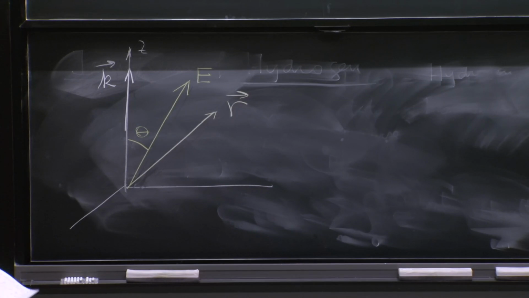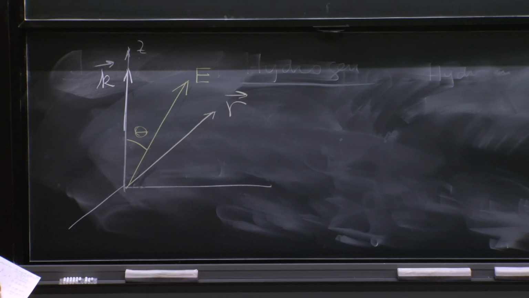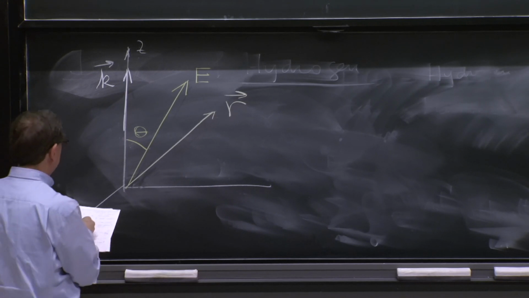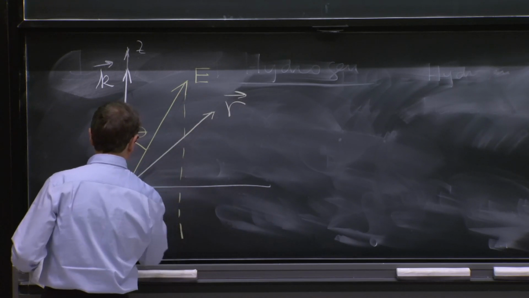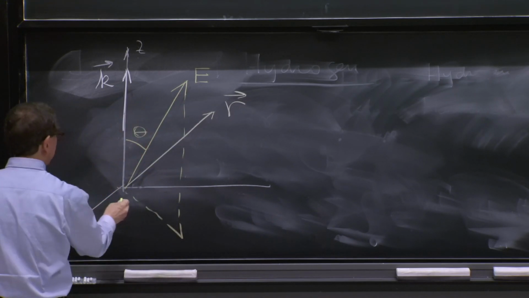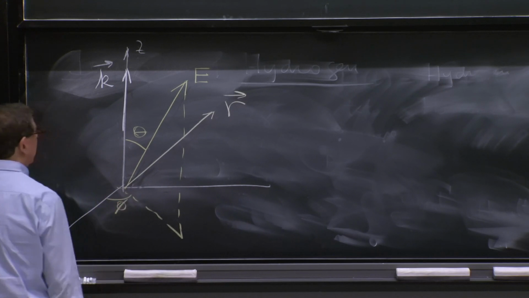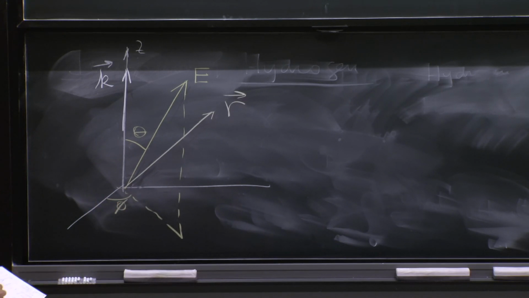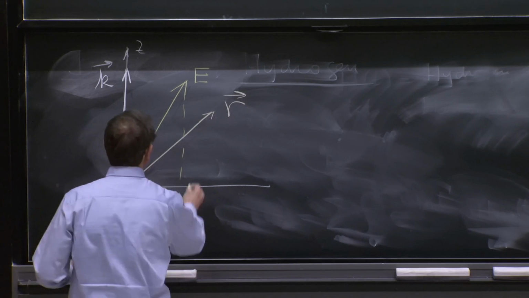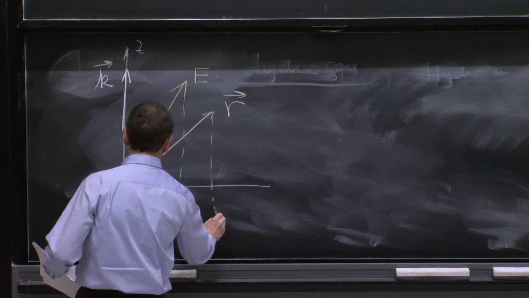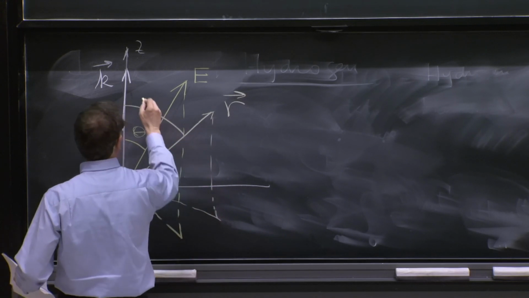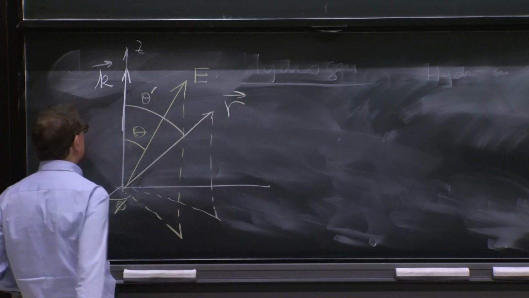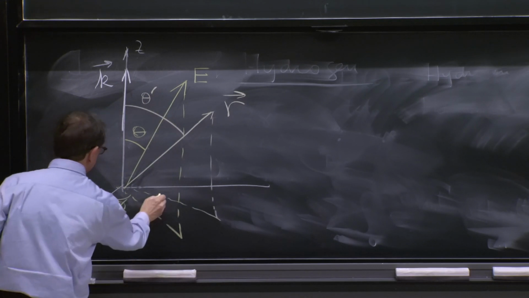So now I have several angles. I have theta for the electric field, but now that I've put all these axes, I not only have theta, but I also have phi for the electric field. And for r, I will have theta prime and phi prime.